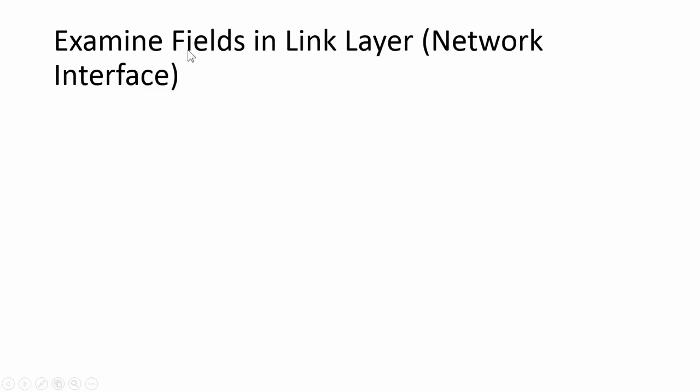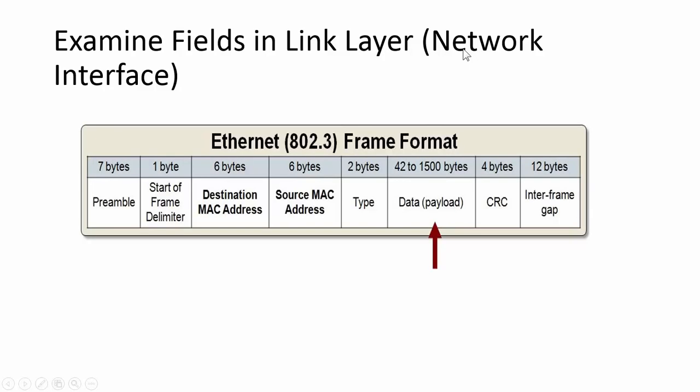So now let's examine the fields in the link layer or the network interface layer. Two examples of the link layer would be token ring or Ethernet. We will look at Ethernet in this example. In the Ethernet format, of course, you have the data, which is being sent.